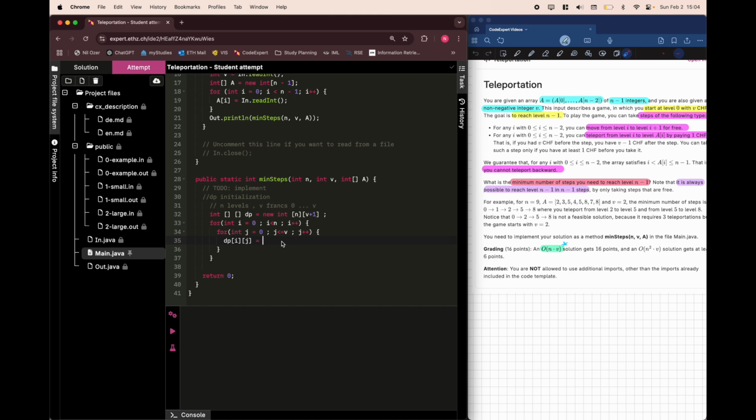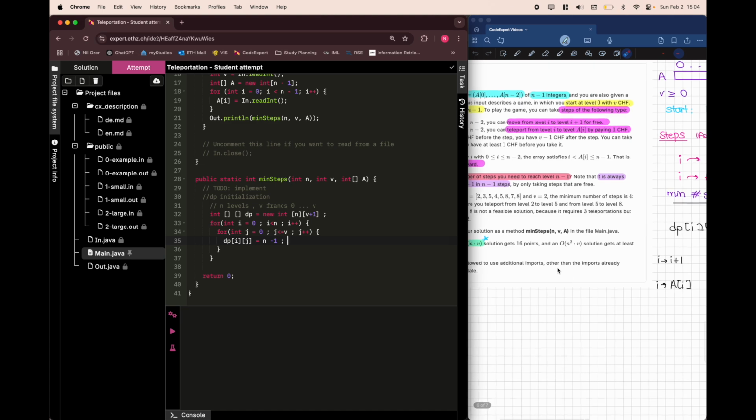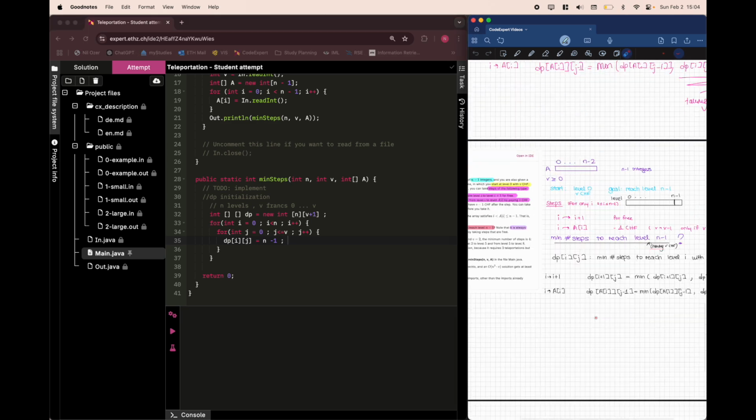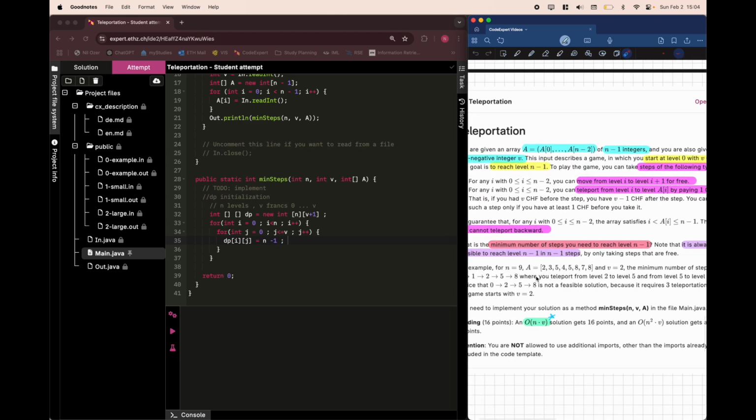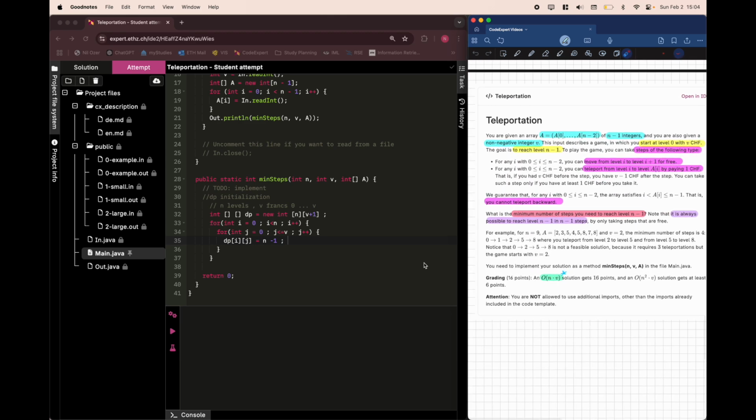So I'm going to initialize the DP table with n-1 steps, because that's the maximum number you have in all cases. That's why I'm not using integer max here. Worst case scenario, you can just hop through every level and reach level n-1 in n-1 steps. So that's the maximum solution that we have. That's why I initialize the DP table like this.